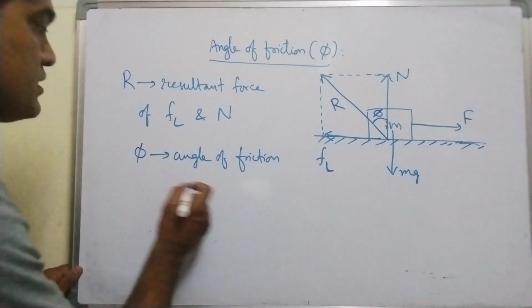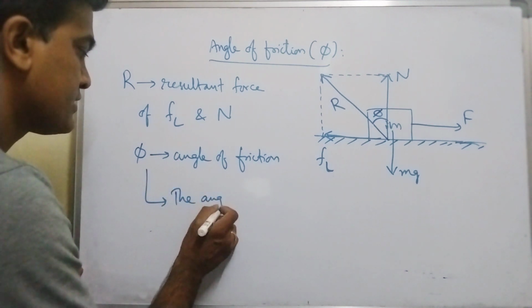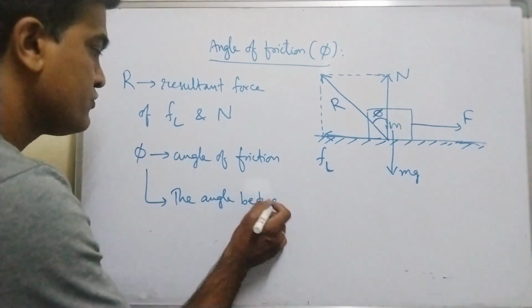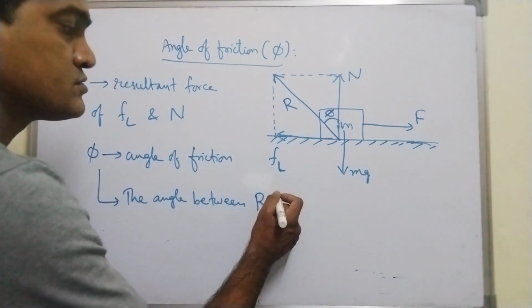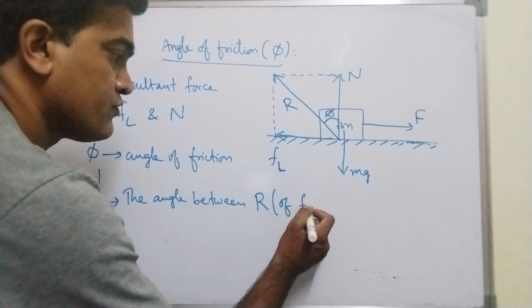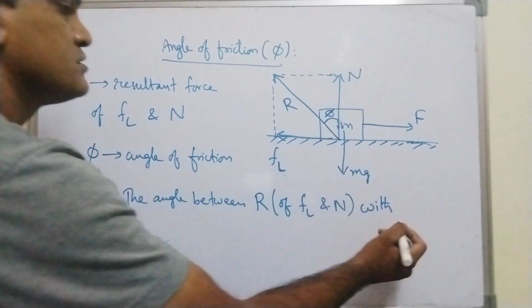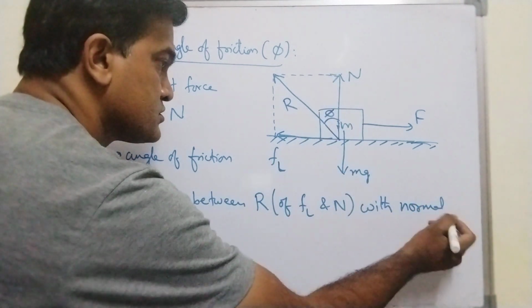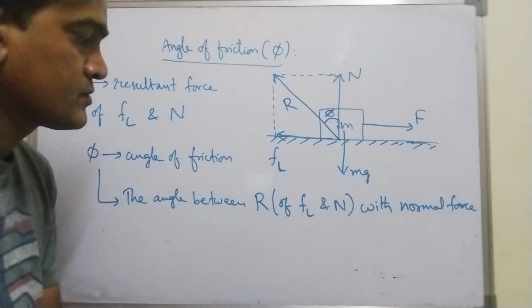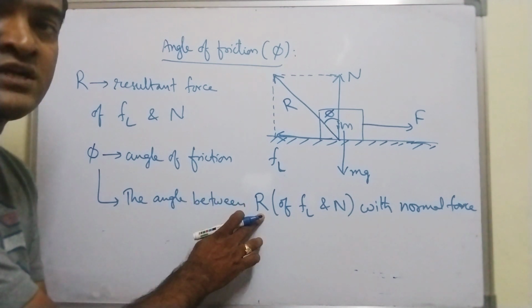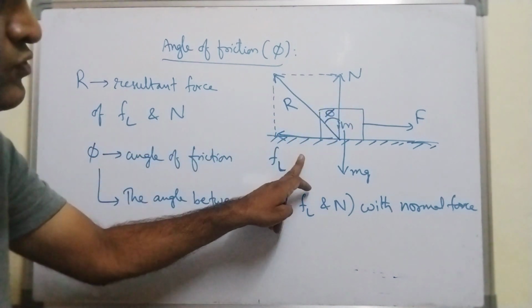Angle of friction is nothing but the angle between the resultant force of FL and normal force, with normal force. Angle between the resultant of FL, limiting frictional force, and normal force.